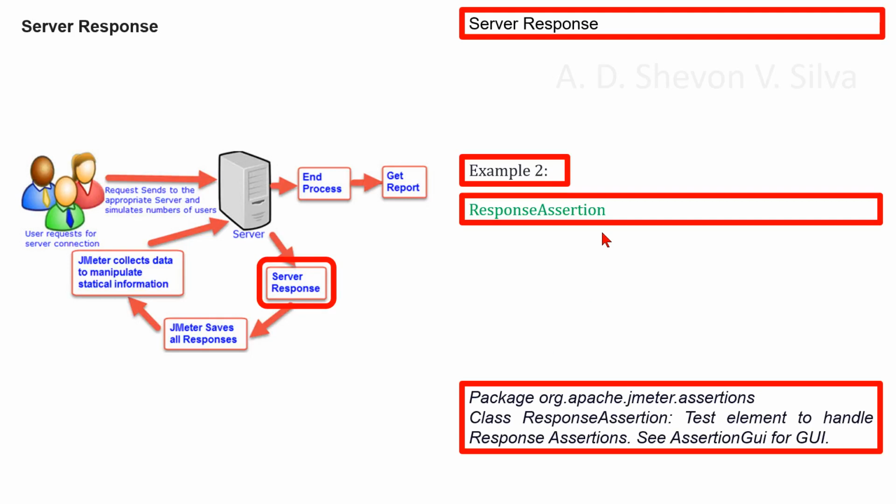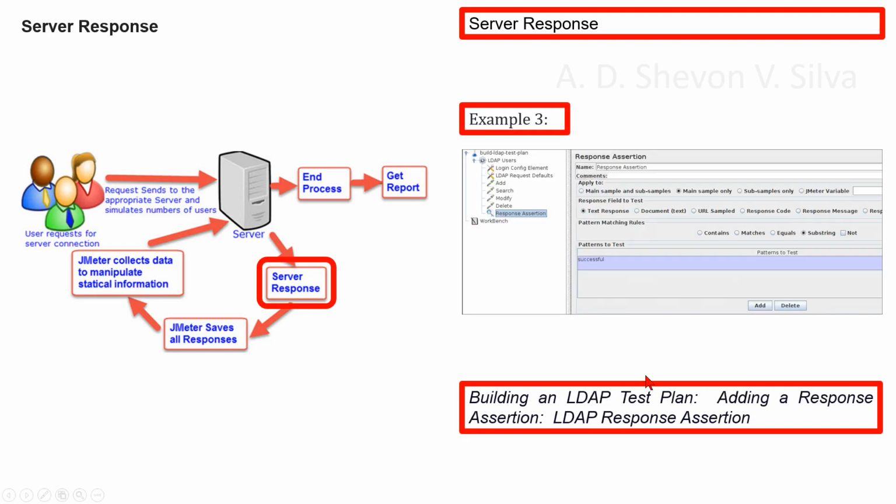Now as an example, we can consider the class ResponseAssertion in package org.apache.jmeter.assertions, the test element to handle response assertions. See AssertionGUI for the GUI. Now we are considering adding a response assertion in building an LDAP test plan. You can add a response assertion here, the LDAP response assertion.